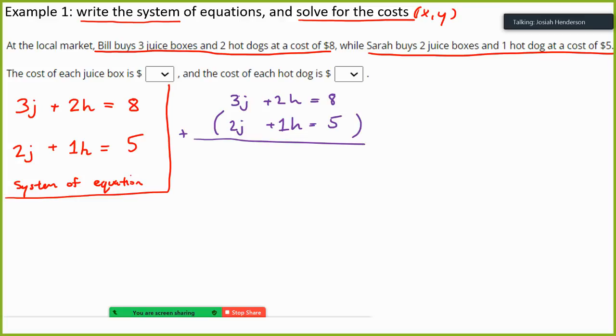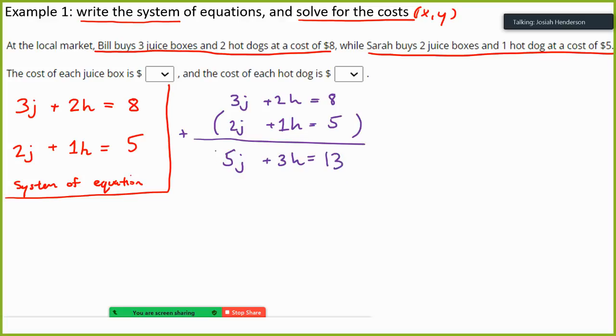So 3J's plus 2J's is how many J's? 5J's. Do the H's for me. 2 H's plus 1 H. How many H's? 3. Good. And then the whole numbers, they can add their like terms. 8 plus 5 gives us 13.